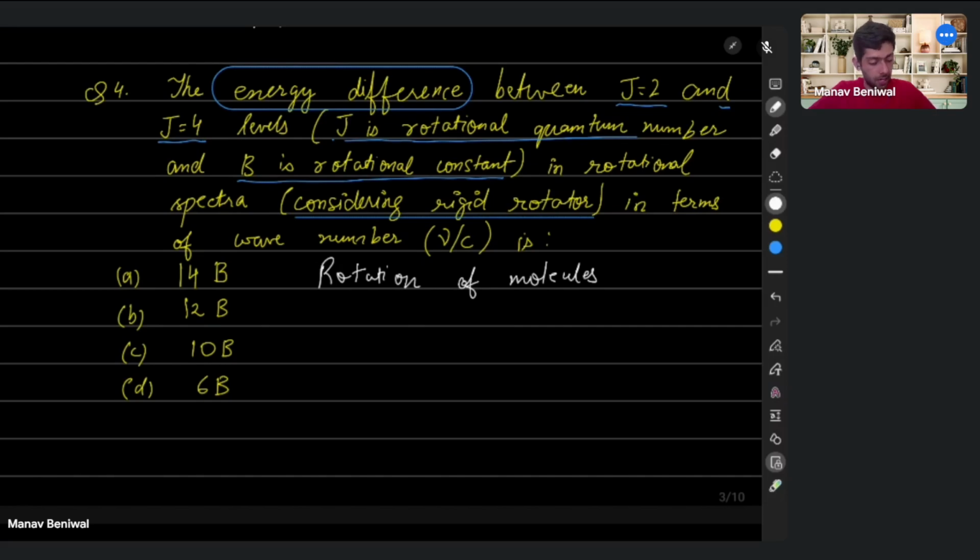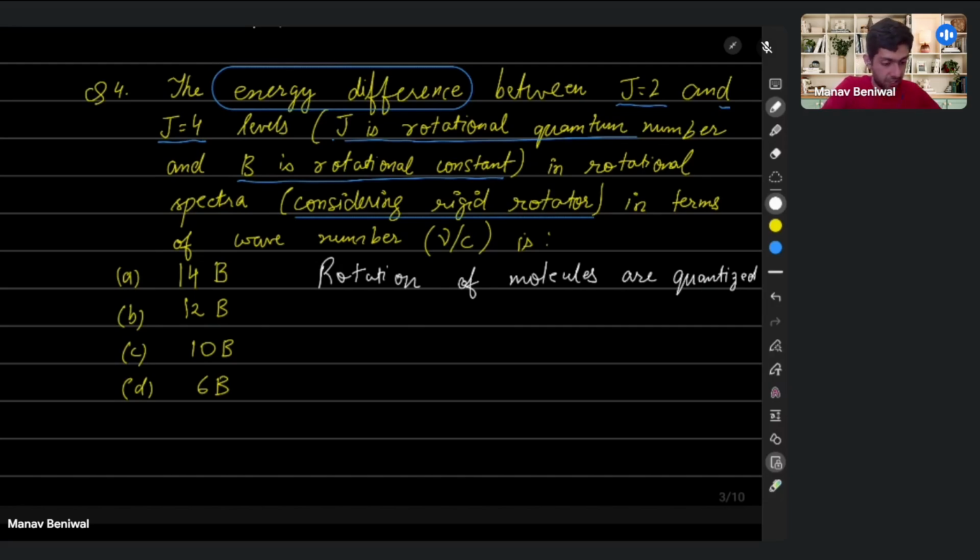And these rotations, they are quantized. So rotations of molecules are quantized and they can only occur at specific energy levels.